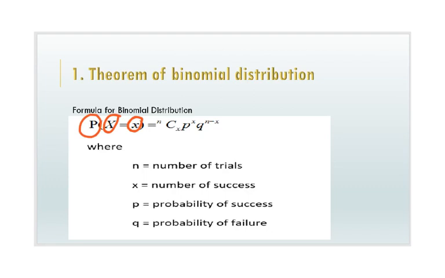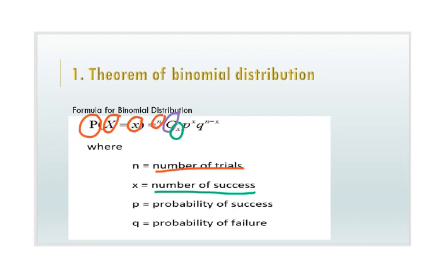Alright, so the formula to calculate is n, which is our number of trials. And then we have C. C here represents the combination of the outcome. Later we can use a calculator to come up with the C. And then we have x, which again is the number of successes.